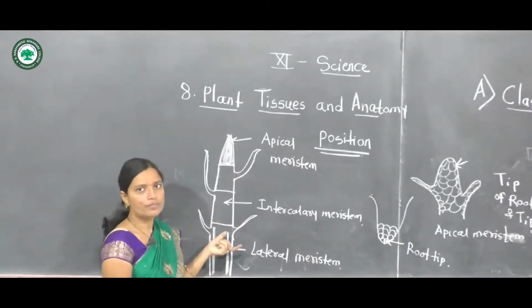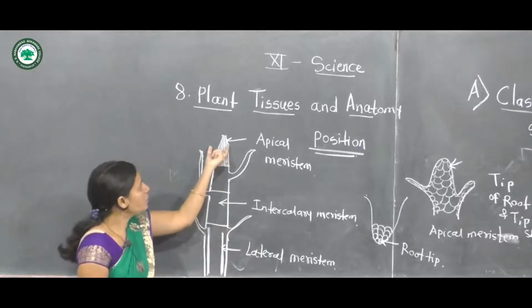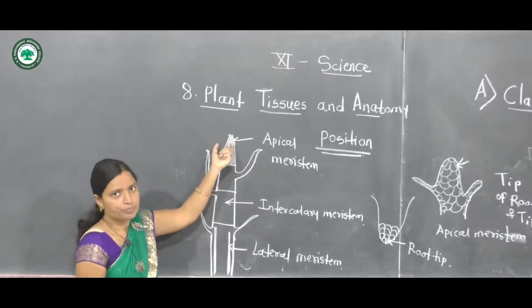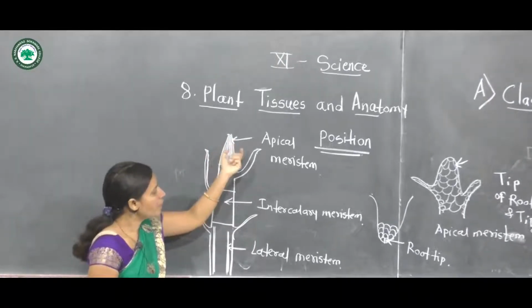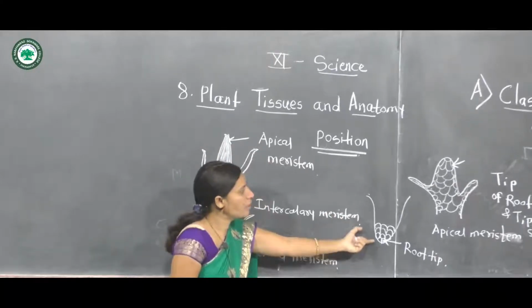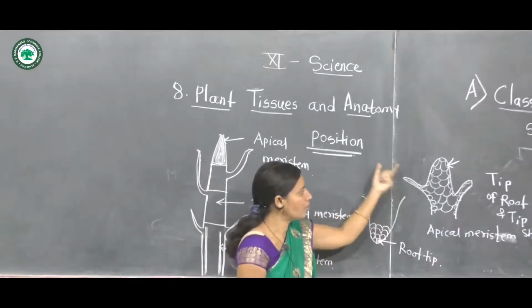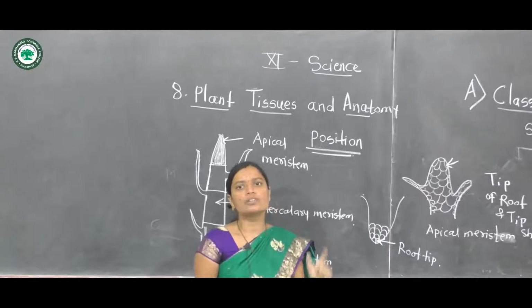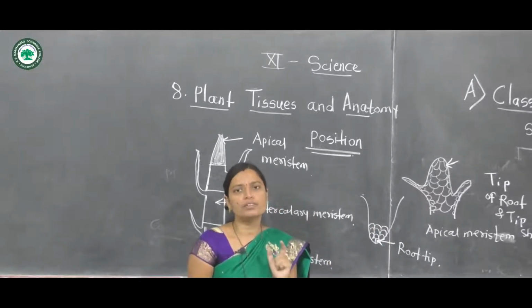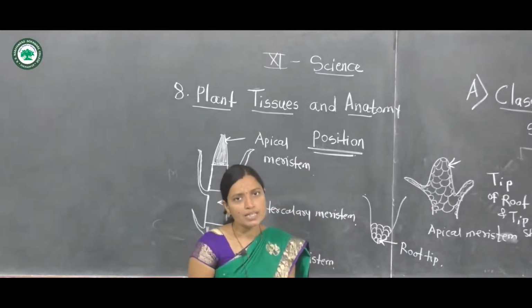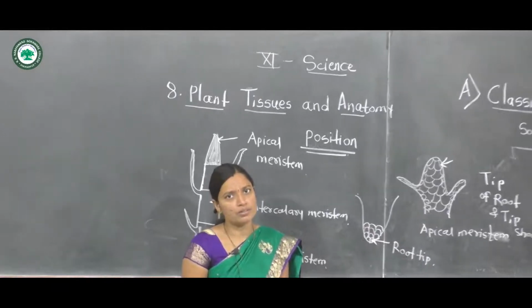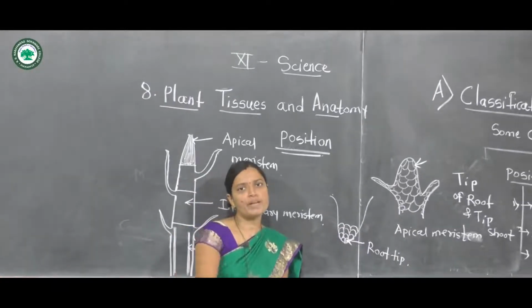The apical meristem is at the growing region of the plant body, meaning the root tip as well as the shoot tip. This part is very important for the plant body because in this part cell division takes place. One cell is divided into two daughter cells, leading to the formation of many cells.